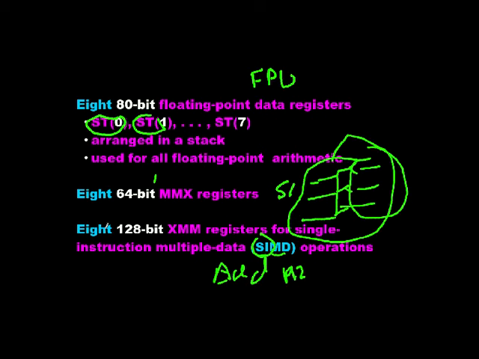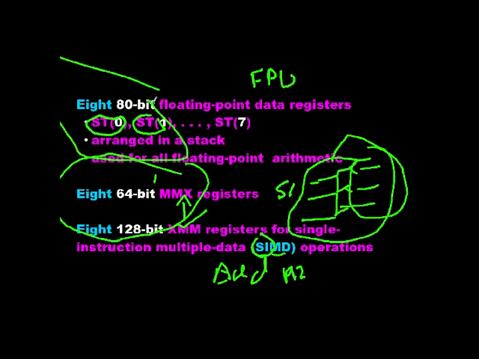We also have 128-bit registers, same as those, but they introduced 128-bit extension matrix multiplication registers for single instruction, multiple data operations. Those I don't think we're going to go over. We're not going to need them, even though we're using floating points.